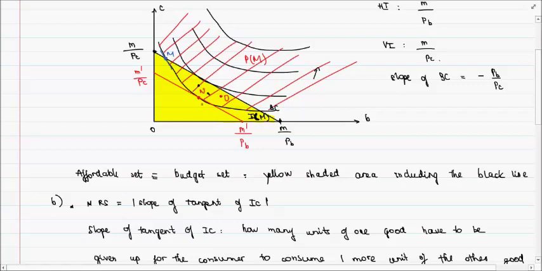So the consumer would want to consume a bundle such that the utility is maximized. Therefore the consumer would want to maintain the expenditure, spending the maximum amount of income and being on a higher indifference curve rather than buying the consumption bundle N over here.